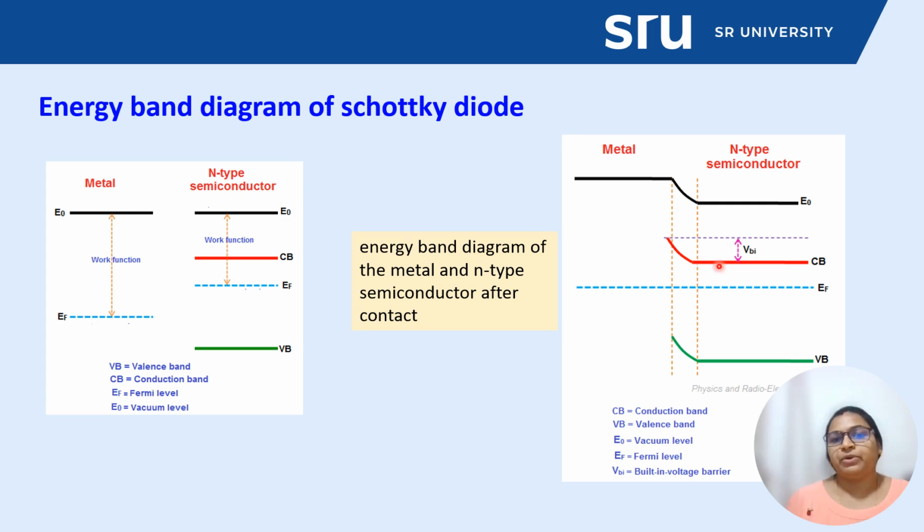The built-in potential for the Schottky diode is given by the difference between the work functions of the metal and semiconductor materials.